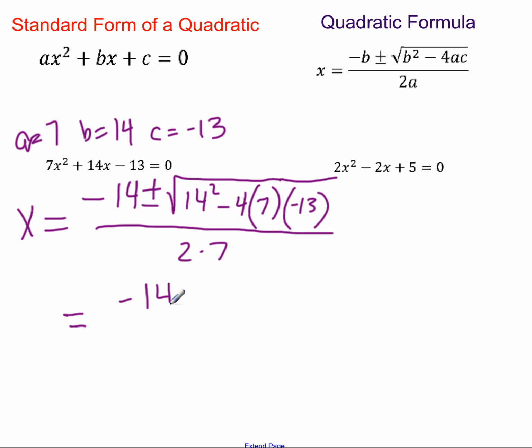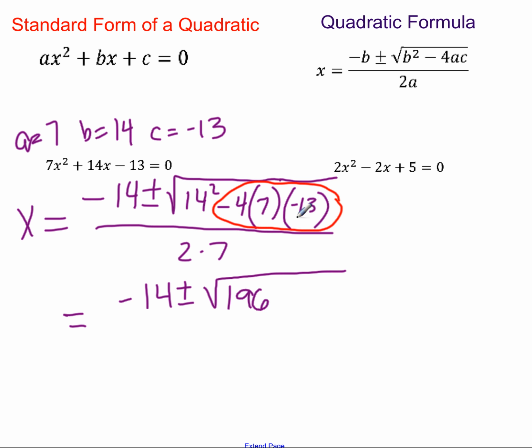So I'm going to recopy negative 14 plus or minus. Now 14 squared. You should maybe have that memorized, but in case you don't, use your calculator and you get 196. Now the problem area for most people is right here, because a lot of people get sign errors in here.